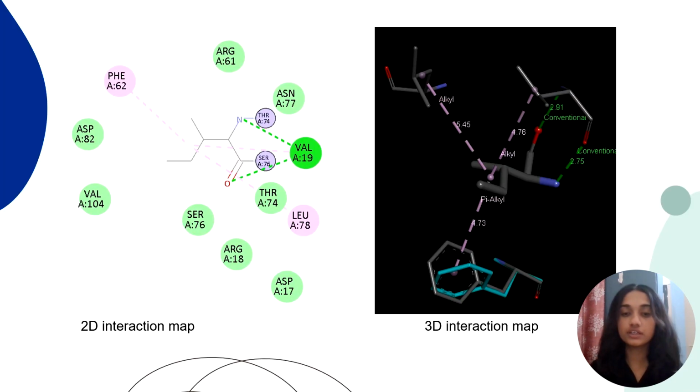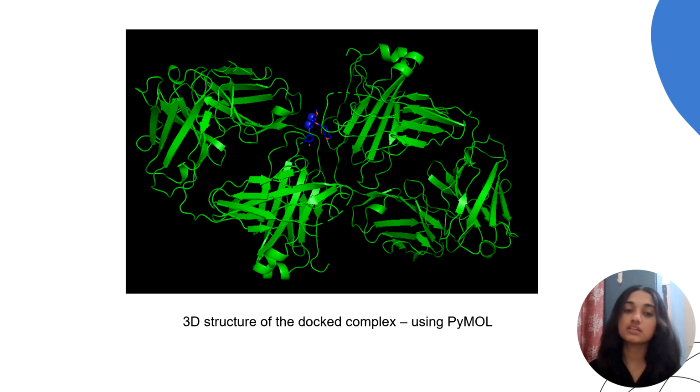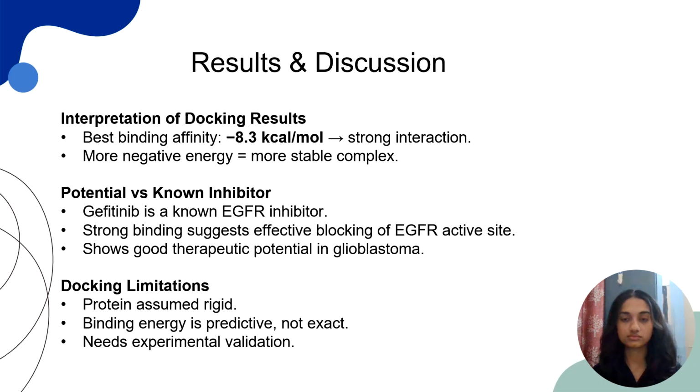This is a 2D interaction map and the 3D interaction map obtained using BIOVIA, and this is a 3D structure of a docked complex obtained using PyMOL. Here the green one is the protein and the blue one is the ligand docked to it.